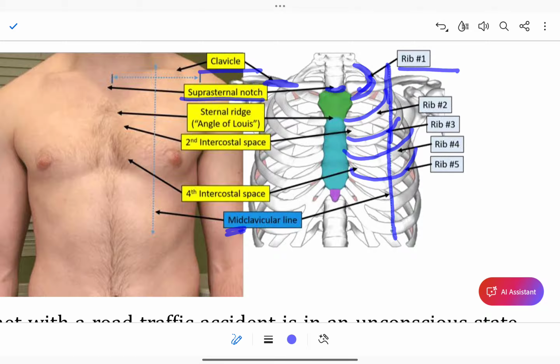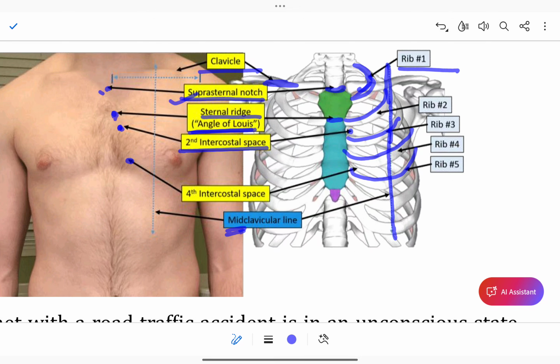This part is the sternal angle, also known as the angle of Louis. Here is the suprasternal notch, and here is the second intercostal space.